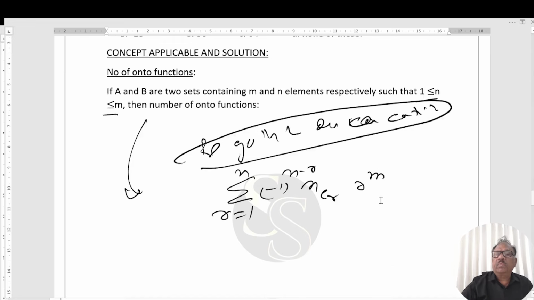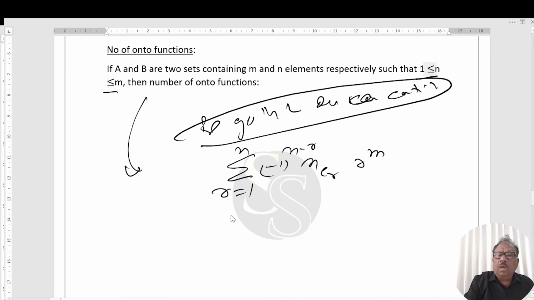Right? Here, summation r equal to 1 to 3, minus 1 to the power 3 minus r, 3Cr, r to the power m, where m is 4.